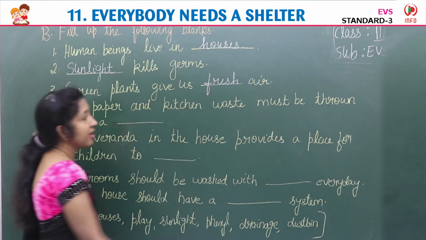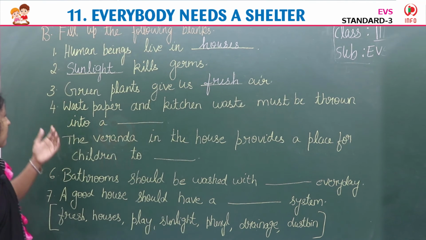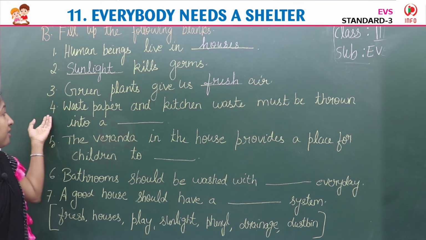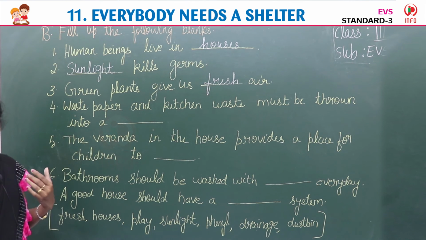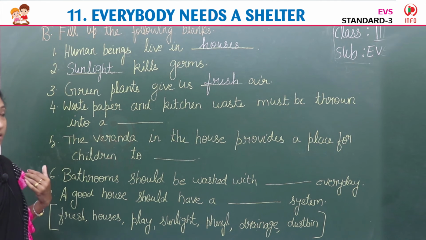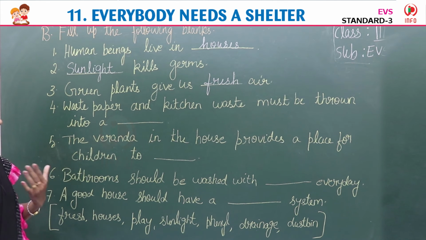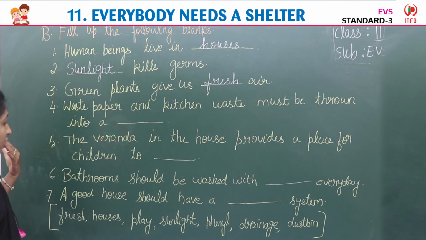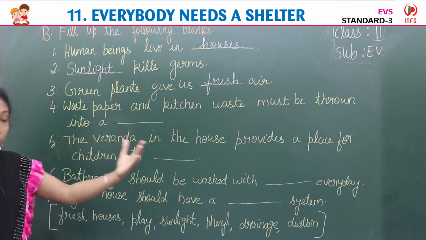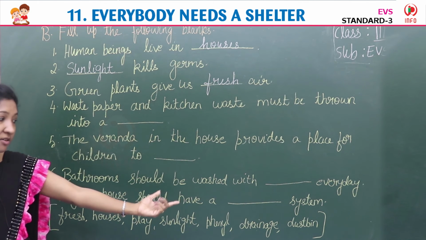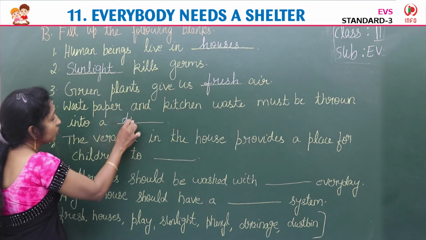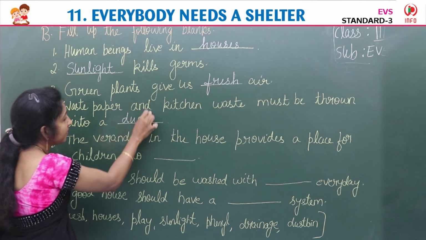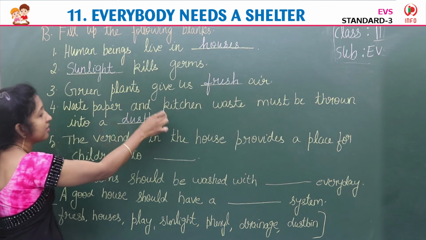F-R-E-S-H, fresh air. Now, the fourth question, waste paper and kitchen waste must be thrown into a dash. Waste paper and kitchen waste must be thrown into a, the last word, yes, dustbin. D-U-S-T, dust, B-I-N, bin, dustbin.